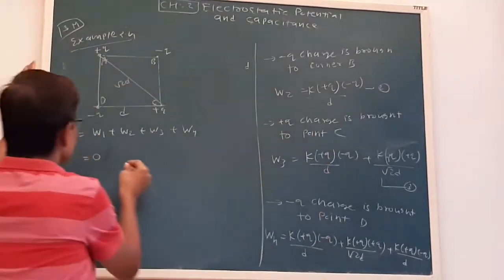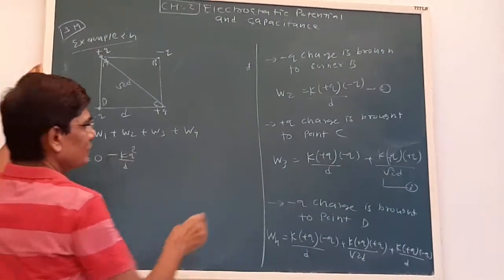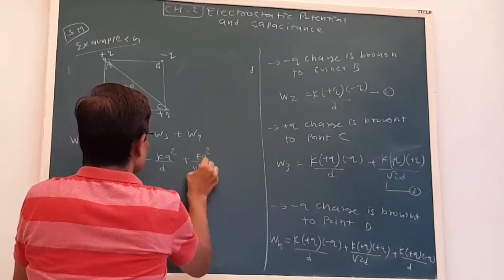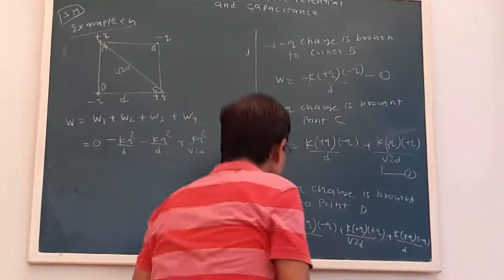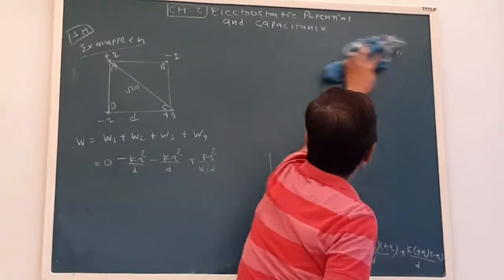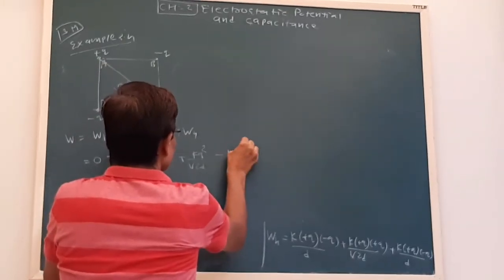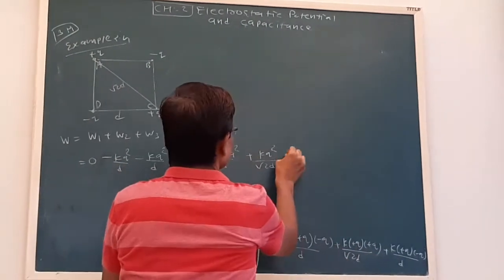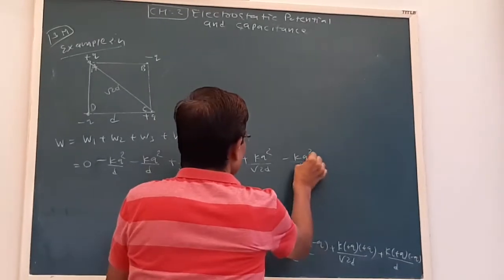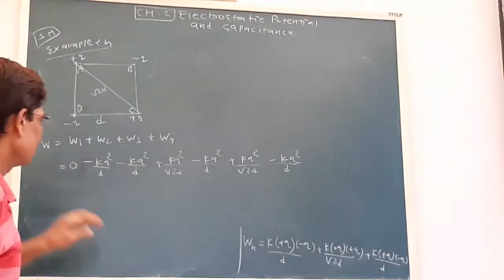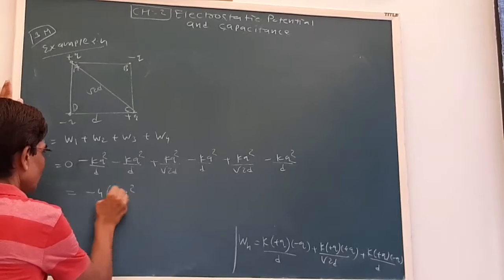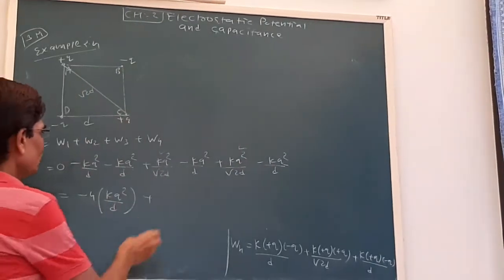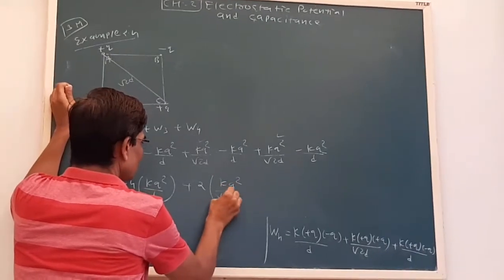Now this is minus KQ square upon D. This is also minus KQ square upon D, plus KQ square upon root 2 D. Now if I add this and simplify, we see minus KQ square upon D appears 4 times, so it will be minus 4 into KQ square upon D. The term with KQ square upon root 2 D appears twice, so 2 times KQ square upon root 2 D.